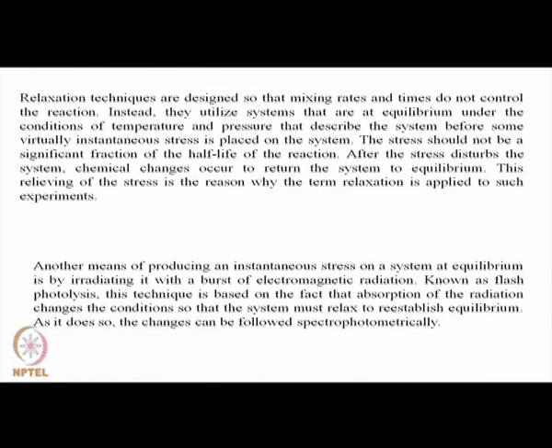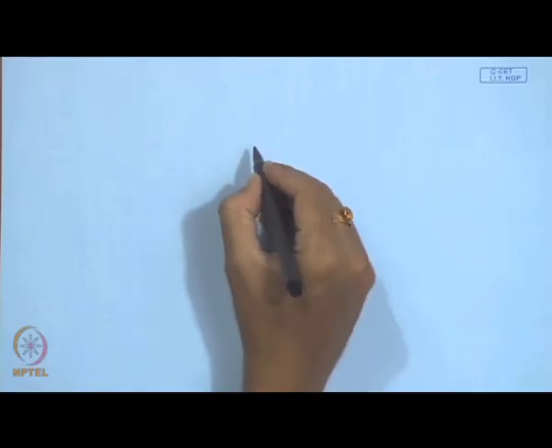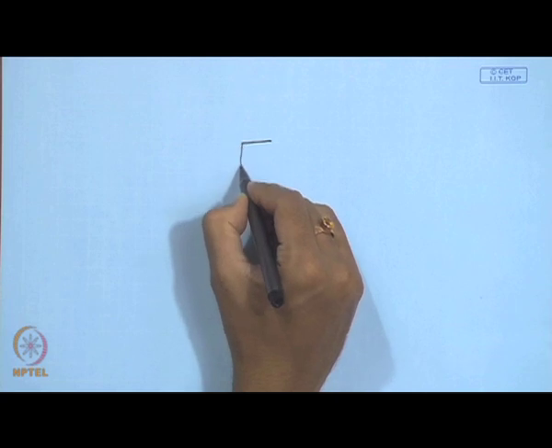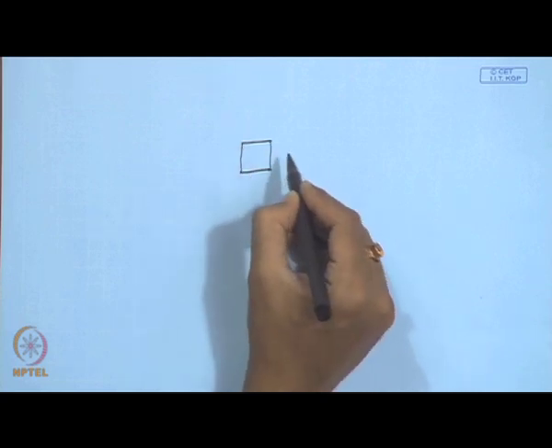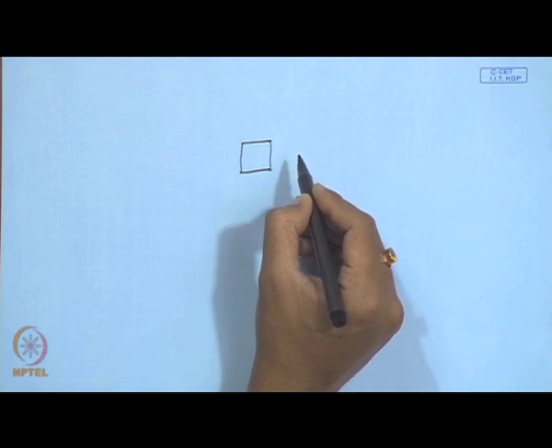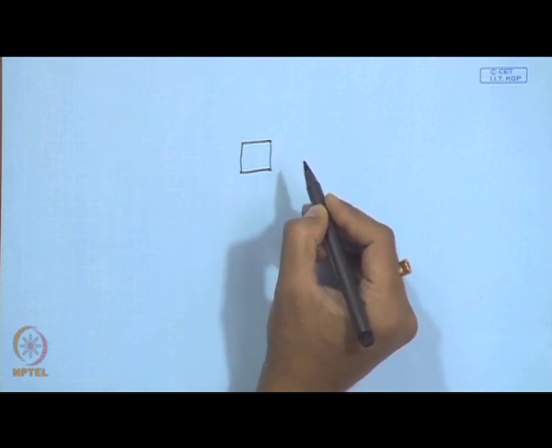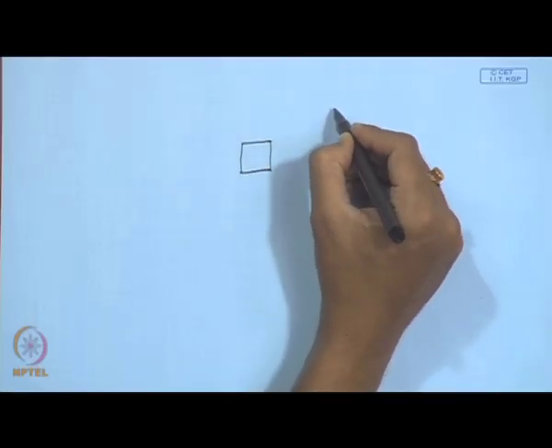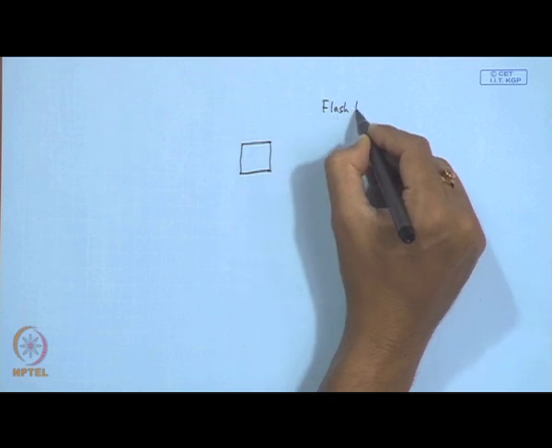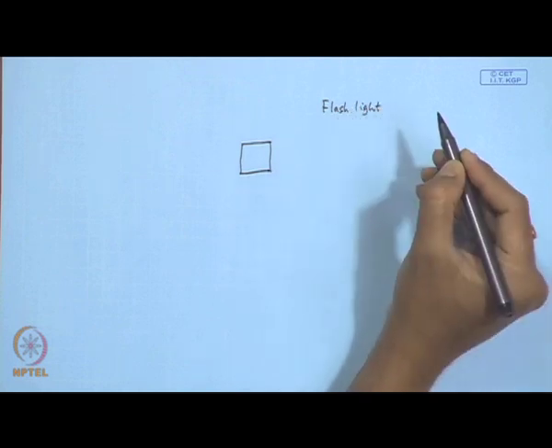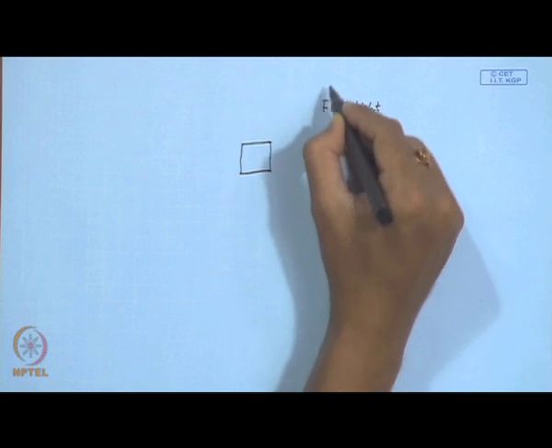Now suppose we have got a sample containing active species. The idea is that you have to shine it with a short pulse of light. Maybe it's like a flashlight, or maybe laser light as well.